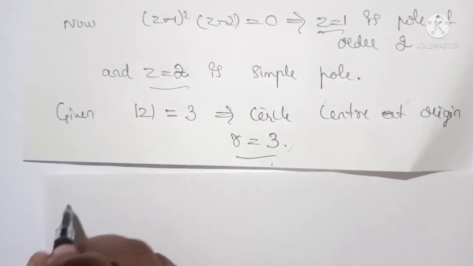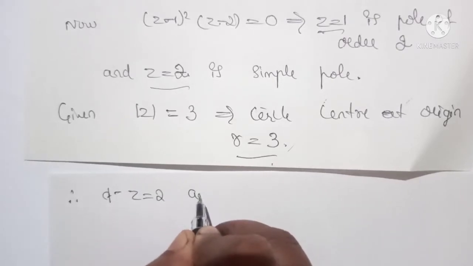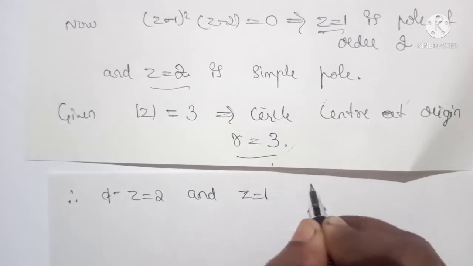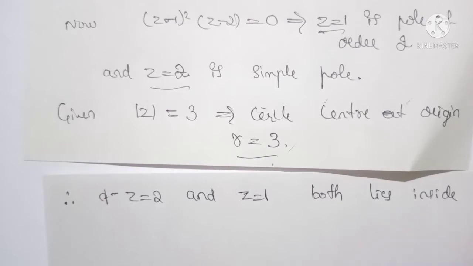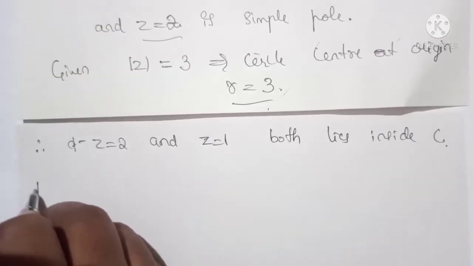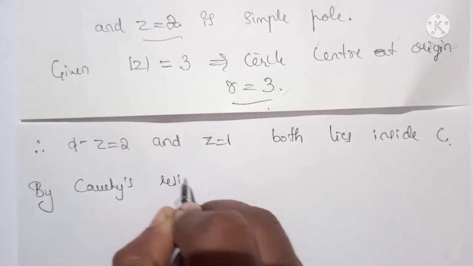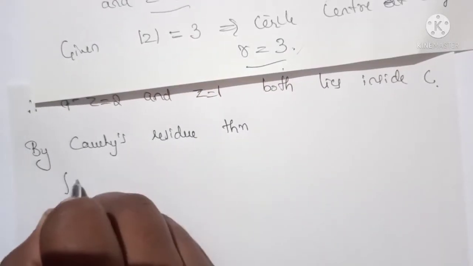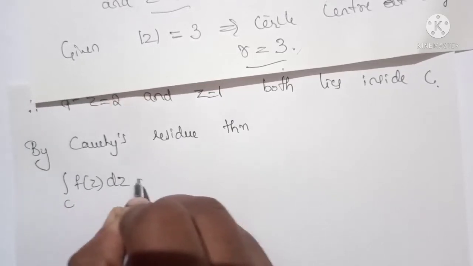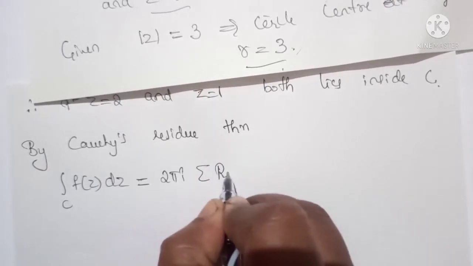So z equals 2 and z equals 1 both lie inside C. Therefore by Cauchy's residue theorem we have the integral over C of f of z dz equals 2 pi i times the sum of the residues.